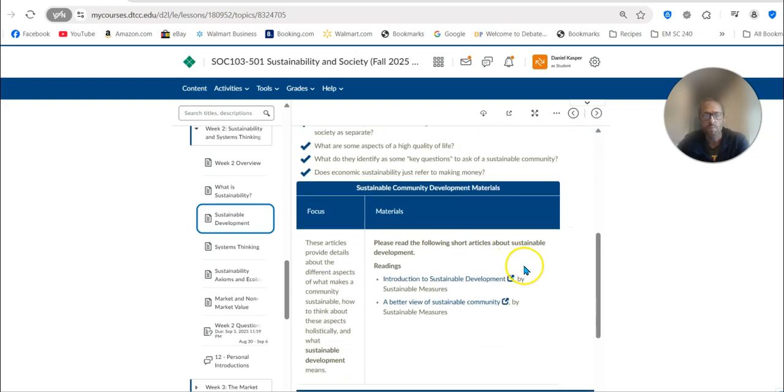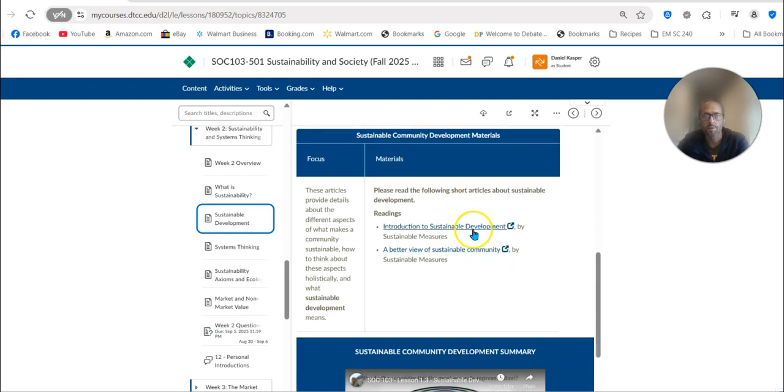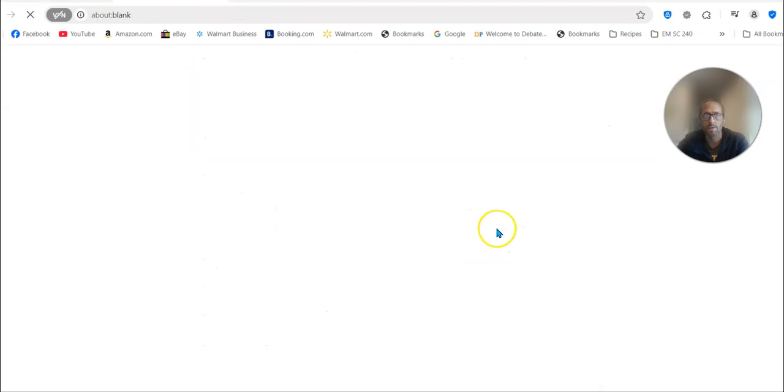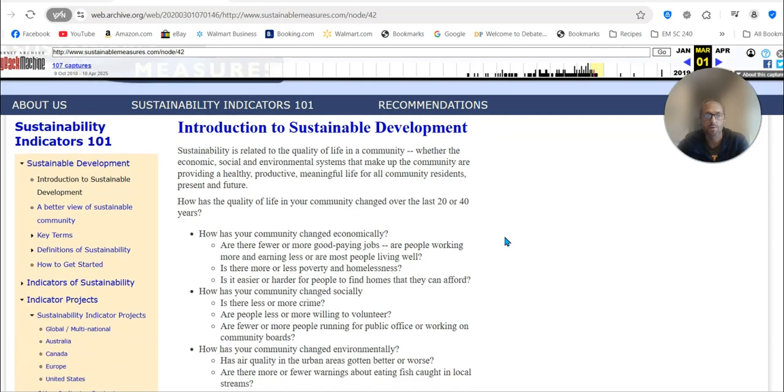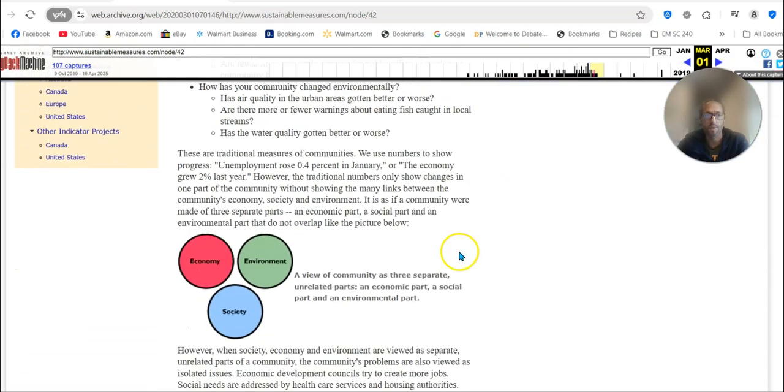There are a couple of short readings here that give you a really good sense of what sustainable development is and how to start thinking about it. I want to bring this up quickly because it is worth noting that this is a common framework that we will use throughout the semester. I refer to it as the 3 E's: economy, environment, and then society.